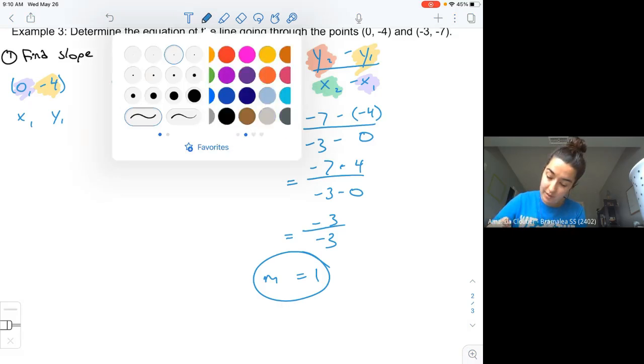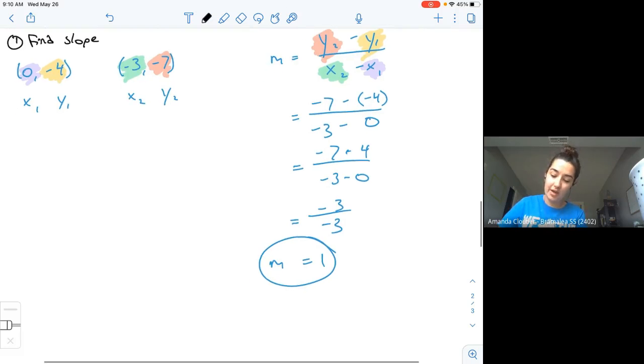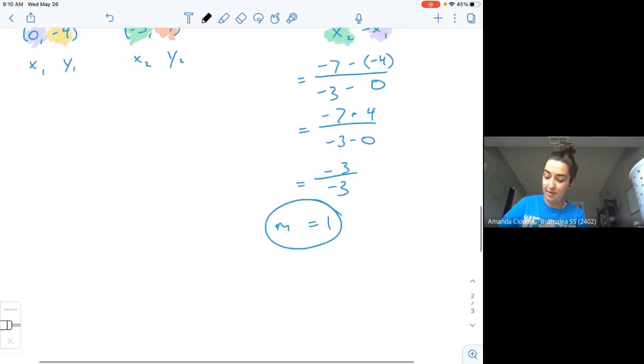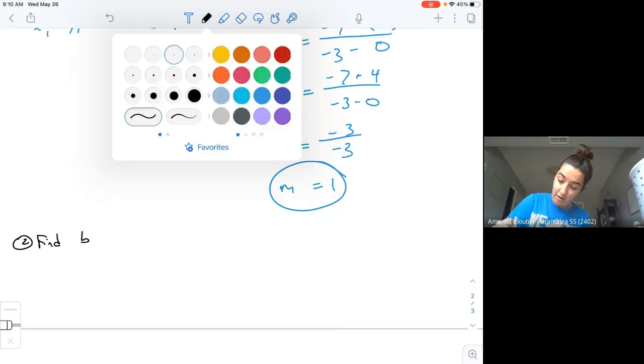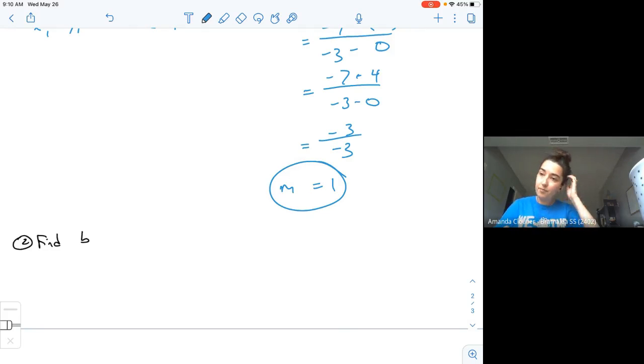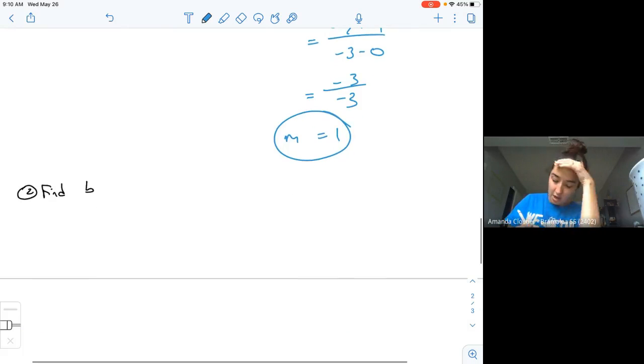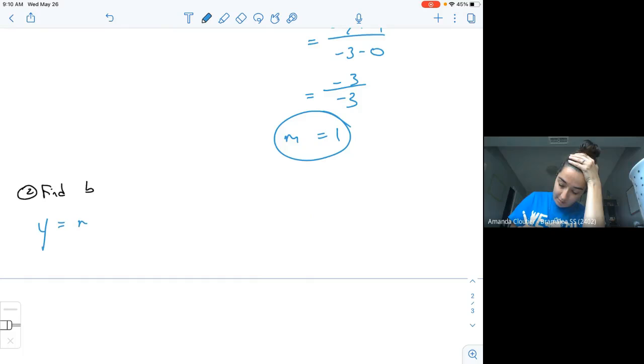Okie doke. Step number 2 is we have to now find our b value. We need to find our b. So we're going to take our y equals mx plus b.